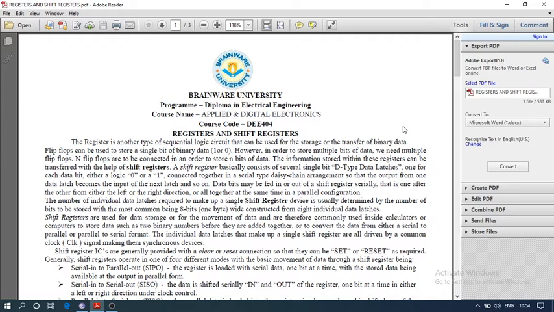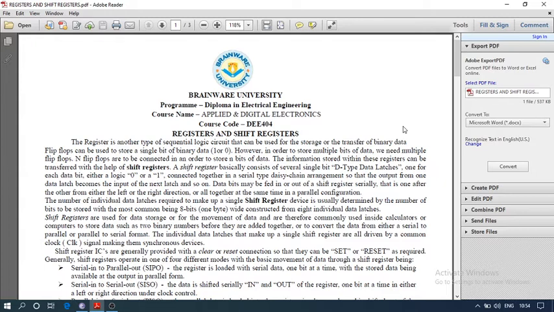So n flip-flops can store n bits of digital data. An array of flip-flops is known as a register. So a register is nothing but an array of flip-flops which finds its application in a variety of digital systems.